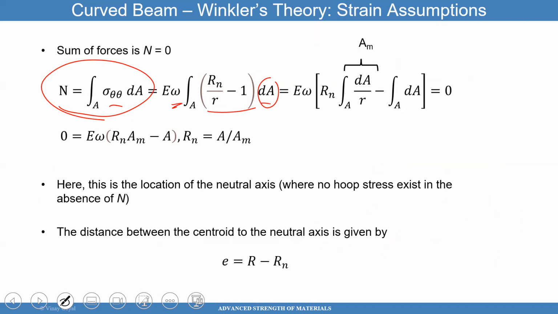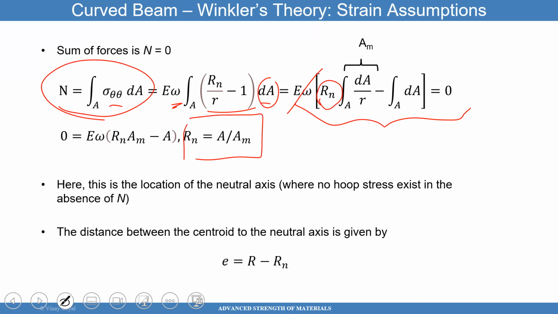And this is cool. N is 0. We said there's no axial force applied. So therefore, this is equal to 0. E omega cancels out, and it turns out I can solve for Rn. Rn is this formula right here, and that's where the neutral axis occurs.